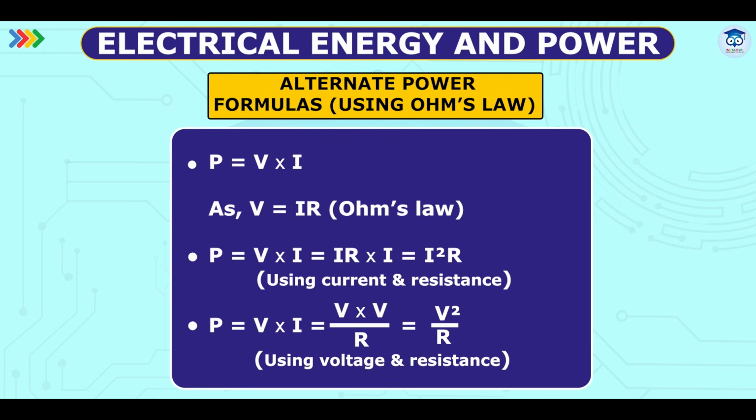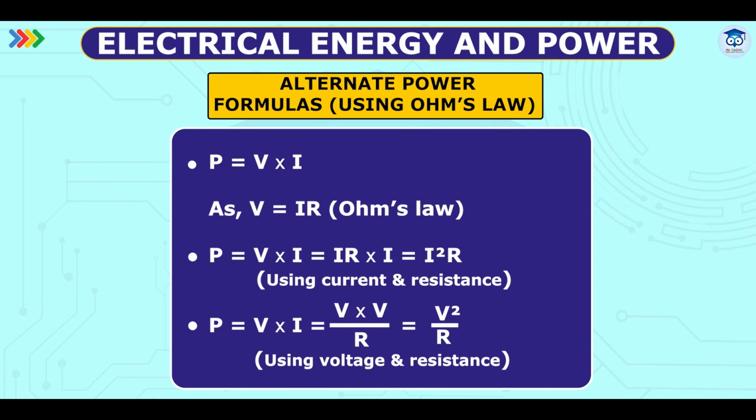We can derive the alternate forms of the power formula using Ohm's law, which states that V is equal to I into R, where R is the resistance in ohms. Substituting this into the original formula, P is equal to V into I, gives us two other useful expressions. If we replace voltage in terms of current and resistance, we obtain P is equal to I square into R, which is used when current and resistance are known.